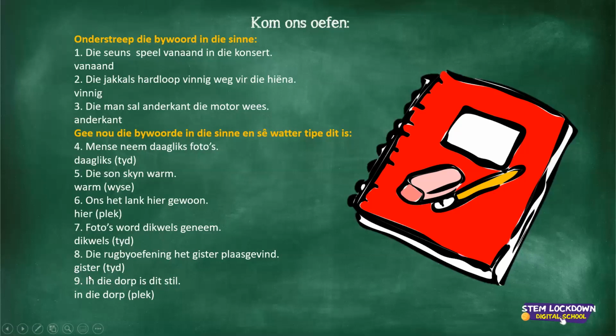So if I've got a short sentence like that, dit is a pronoun, stil is an adjective, and is is my werkwoord. So dit can't be the byword. So then it means in die dorp, which is a bywoordelike frase, as they will call it, is the byword of plek.